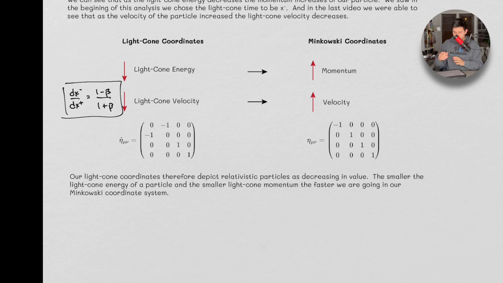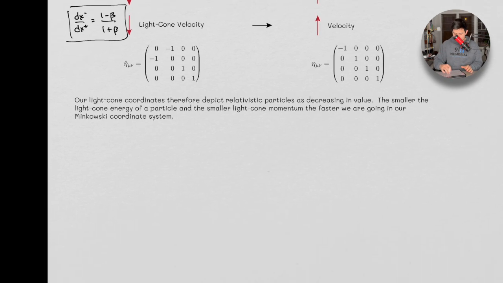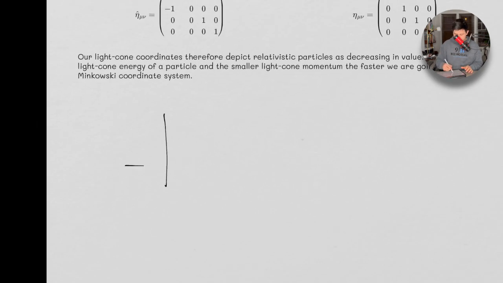if we look at just simple relativity, here's our light cone line, here's x and here's t.